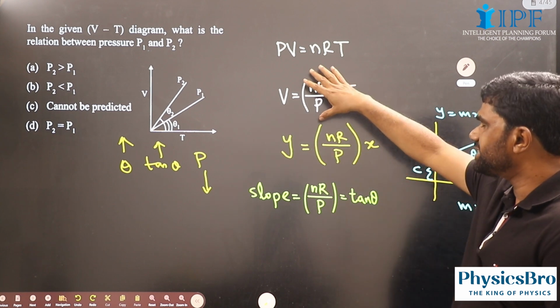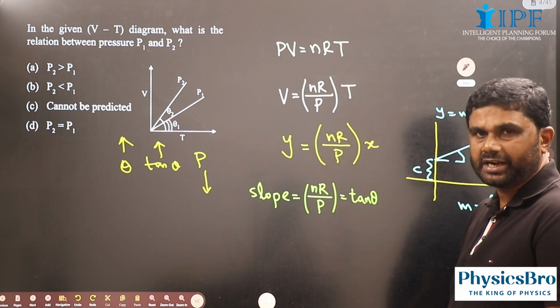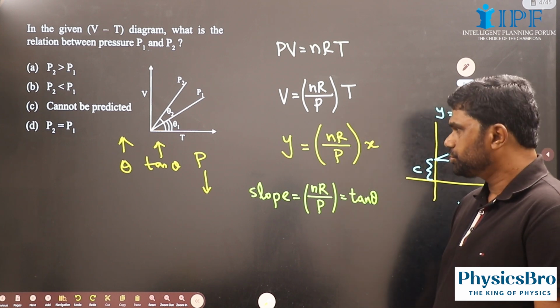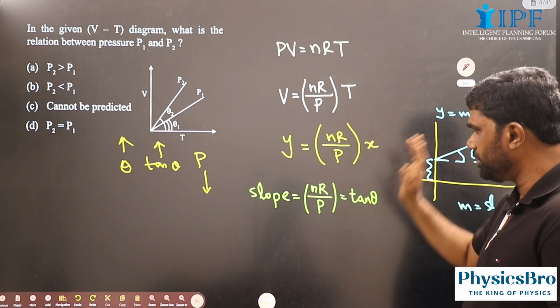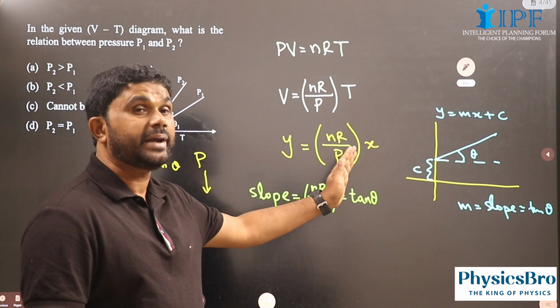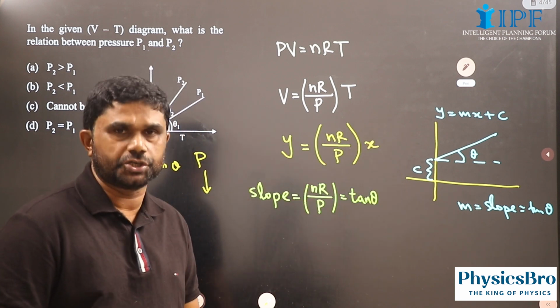The quantity inside the bracket is a constant and T is the quantity plotted along the x-axis, so let me replace this by x. So we will get y equals quantity inside the bracket, that's a constant, into x. Okay, so that is just like y equal to mx plus c. Instead of c we have nothing, or c is equal to 0.